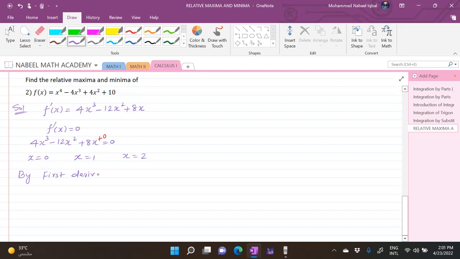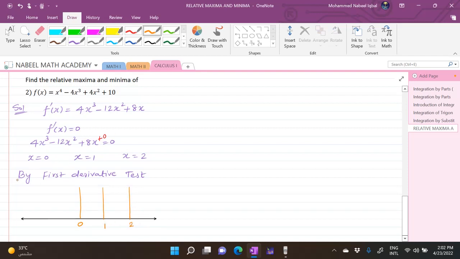So you will find the values as test, then we will have x equals 0 here, x equals 1 here, and x equals 2 here.